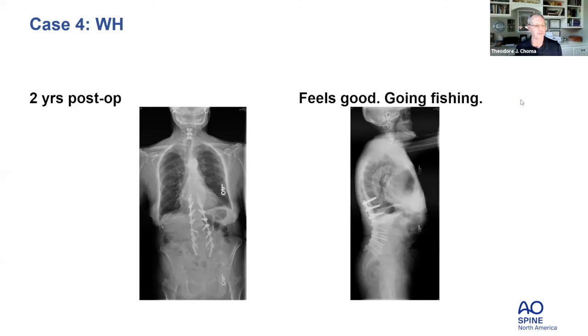So there's a question from the audience about the choice of cement, and I'll tell you, when I'm using fenestrated screws today, my strong recommendation is that you use the cement that the manufacturer has tested that will flow through their screw.